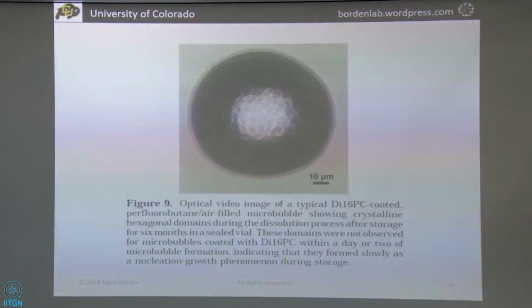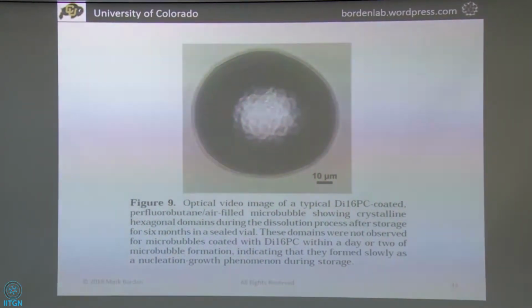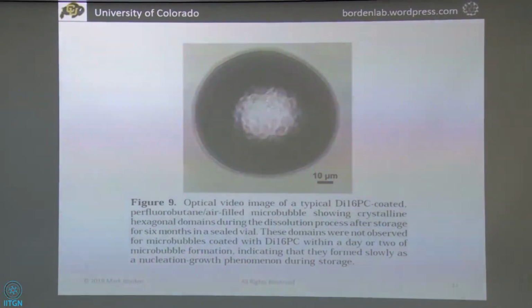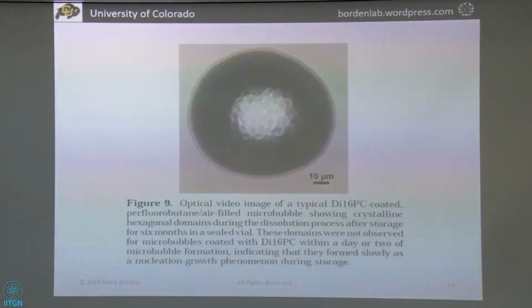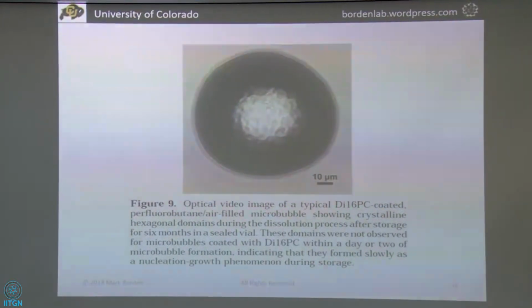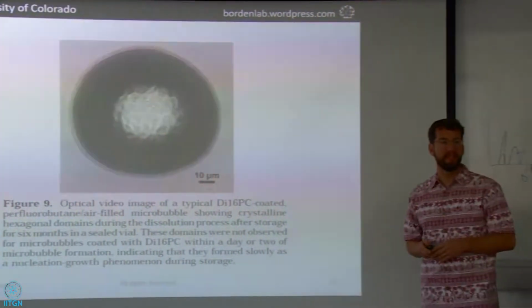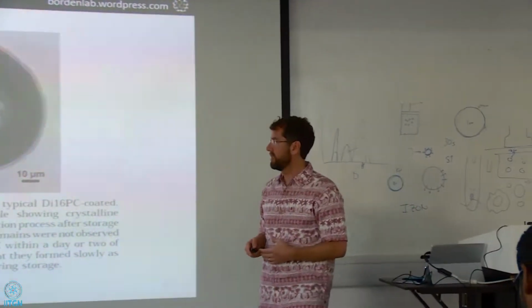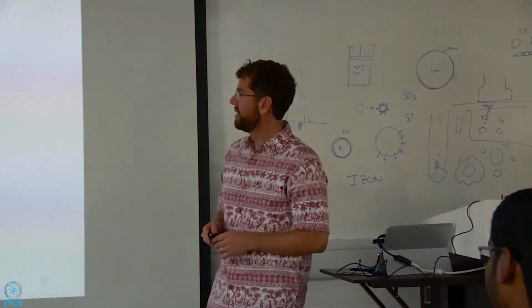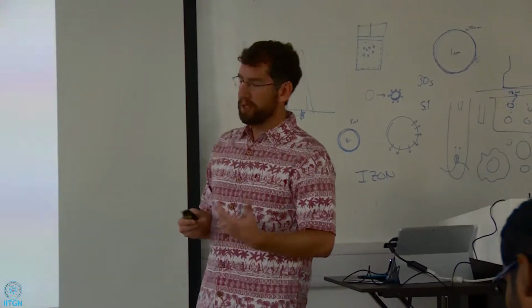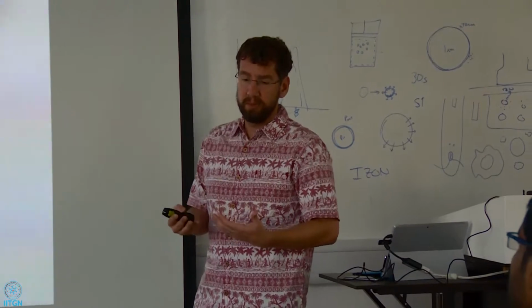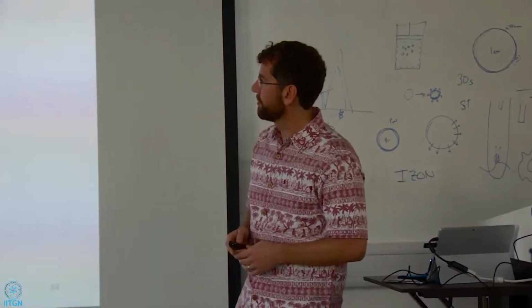And then it would snap back to smooth, and then it would crumple again, and you would see more of these domains. And it was interesting because in bright field, you could almost see some domain flow altogether. And this is really indicating to us that the lipid is imparting some mechanical strength to the bubble.